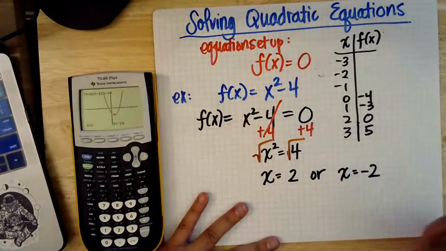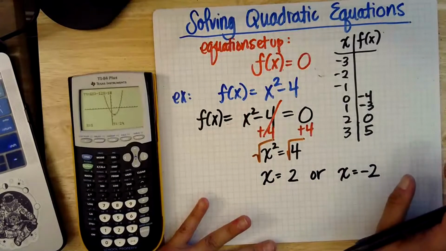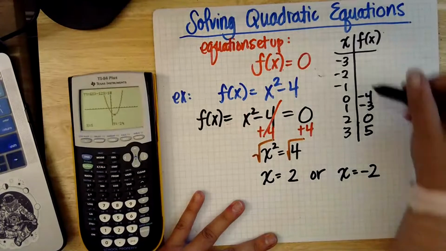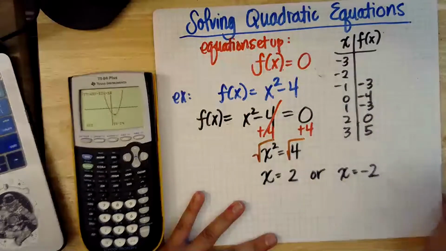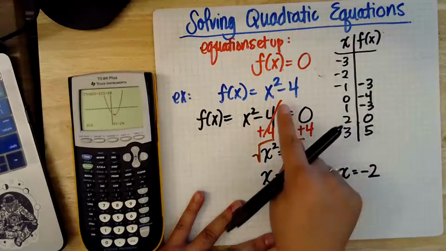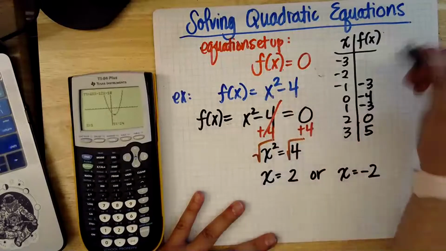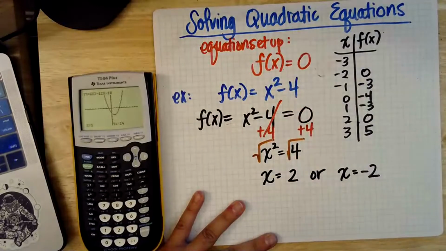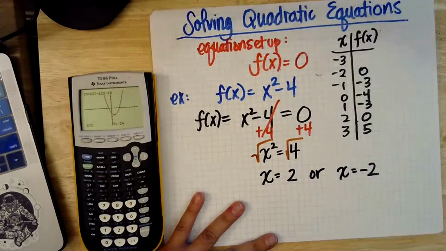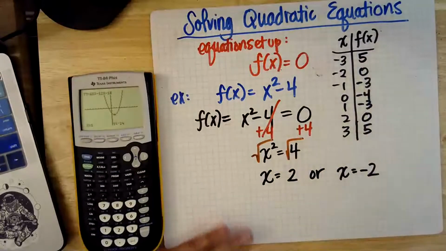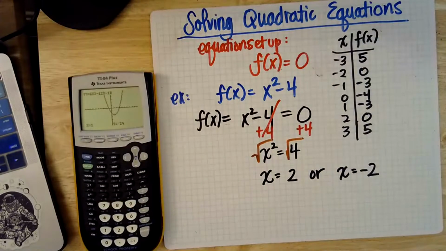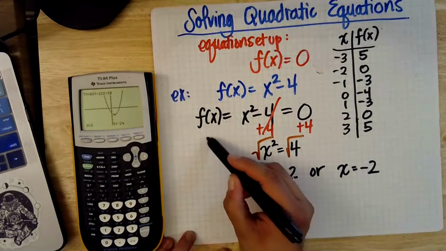f of negative 1, negative 1 squared is positive 1, 1 minus 4 is negative 3. Negative 2 squared is positive 4, 4 minus 4 is 0. Negative 3 squared is positive 9, 9 minus 4 is 5. So notice I made a table of values. I'm going to go ahead and now graph it, and I'll graph it over here.